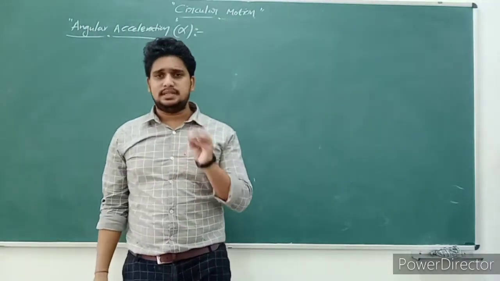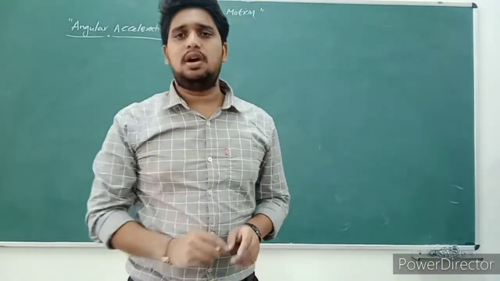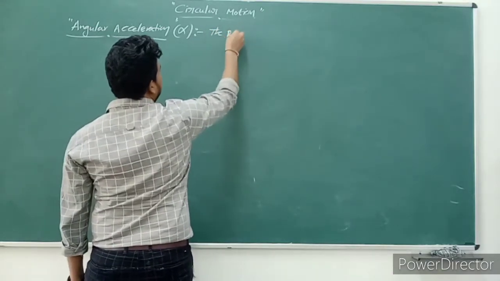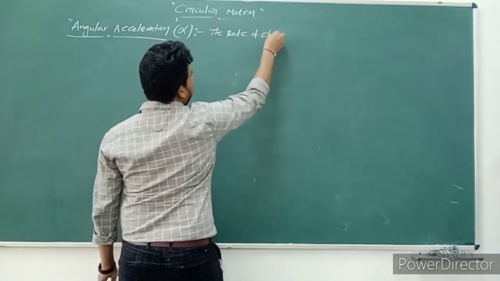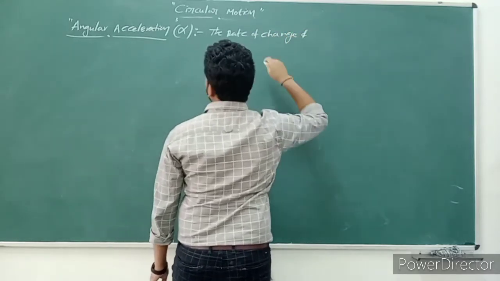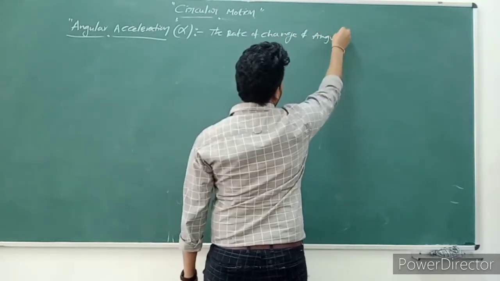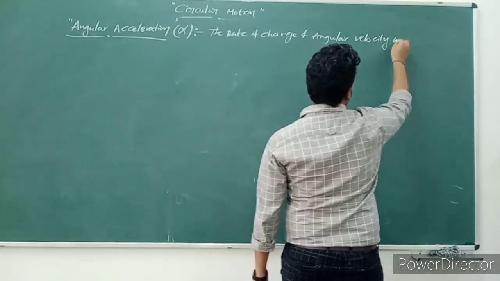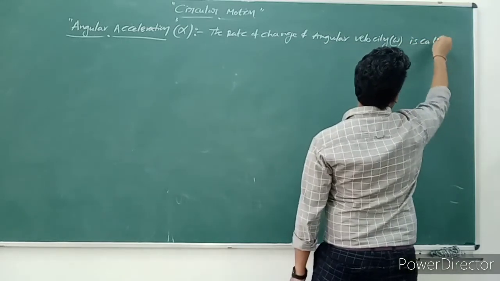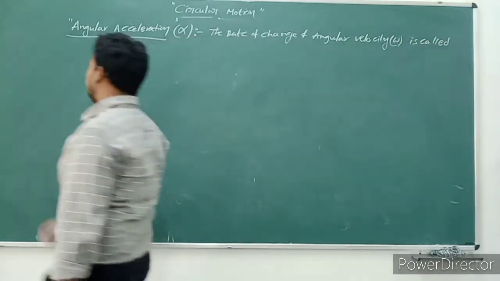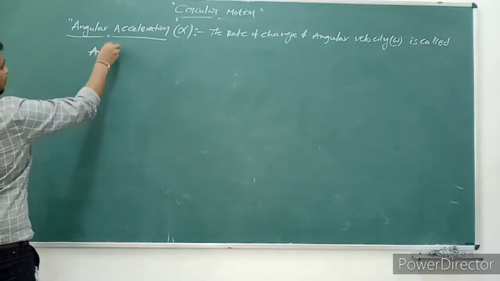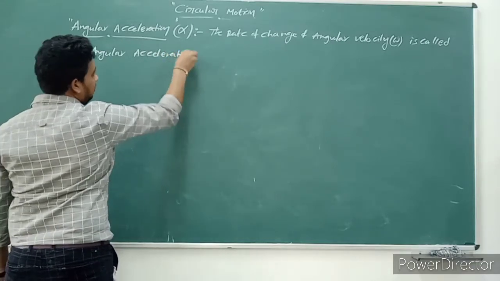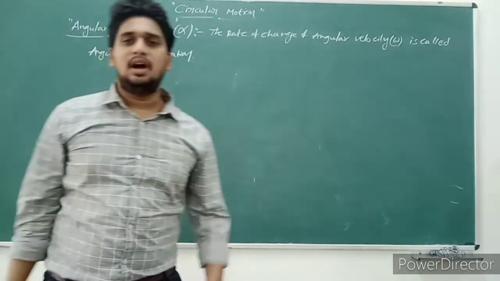The rate of change of angular velocity omega is called angular acceleration. Angular acceleration is indicated with alpha.